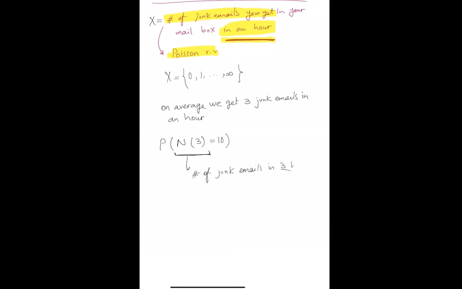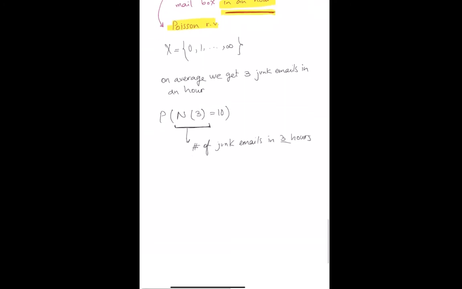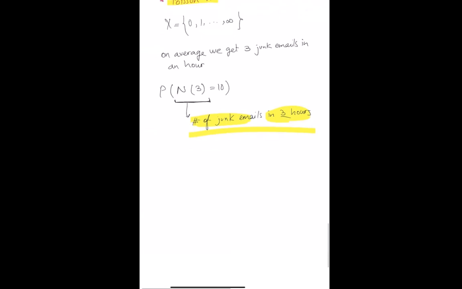No worries. Still, I'm looking at the number of things in a time frame. Still, it's the definition of a Poisson random variable. However, here I have to pay attention that the time frame is 3 hours.